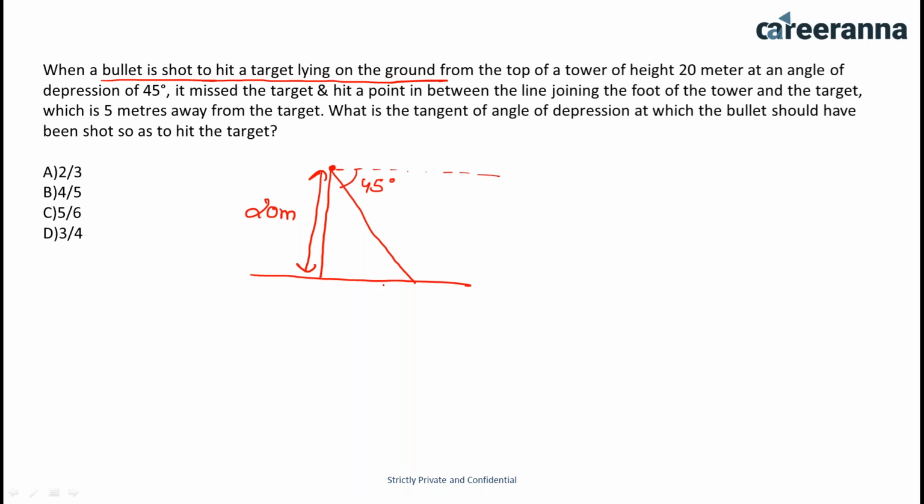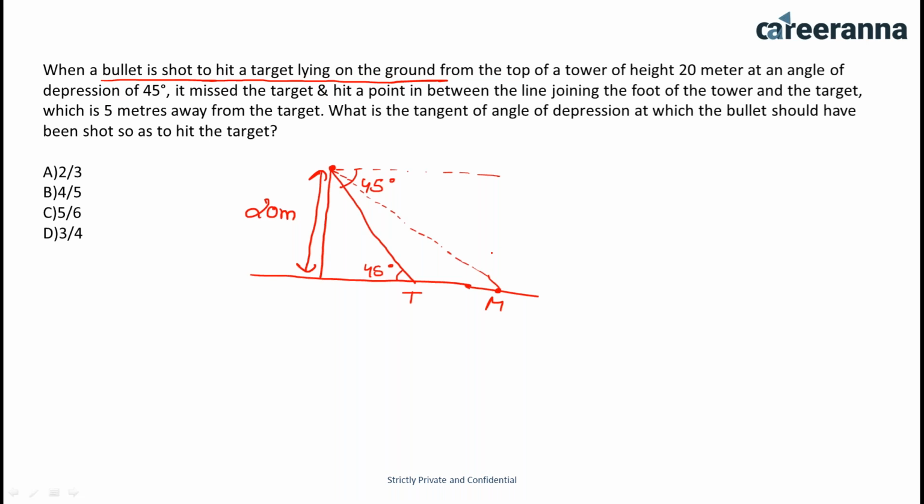So this is a 45 degrees angle, and this is also a 45 degrees angle. It missed the target, so the target is going to be at this place, but it hit the point between the line joining the foot of the tower and the target, which is 5 meters away from the target. The question is saying that the bullet is fired, but it missed the target and it reaches this point.